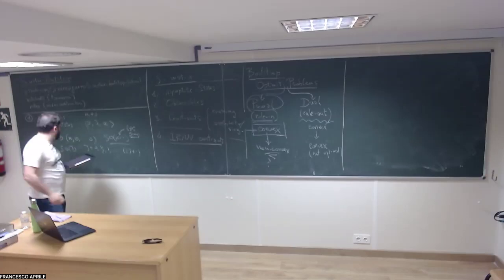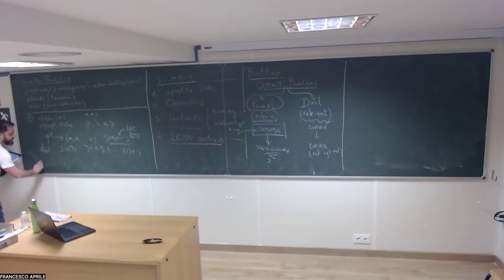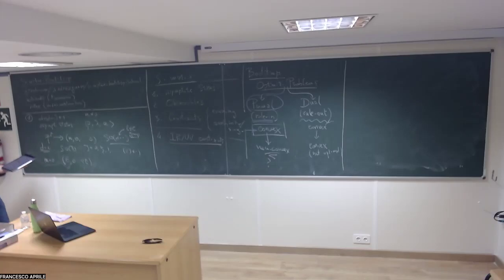This is standard. Now, if the mass is equal to 0, then we cannot boost the particle to rest. We have to pick some reference vector. So for instance, you can choose this reference vector, in this lightlike direction.